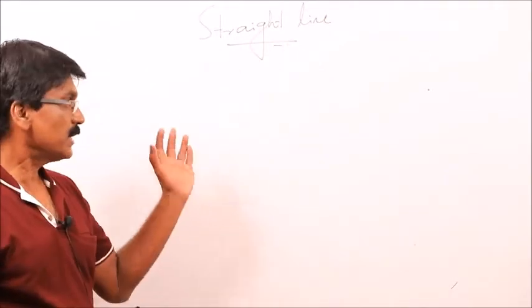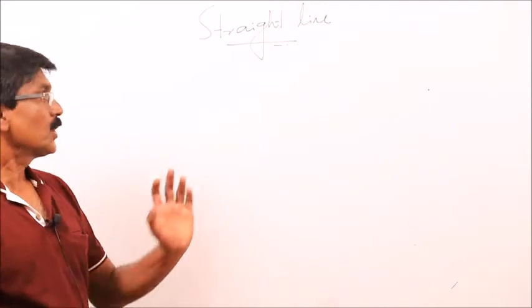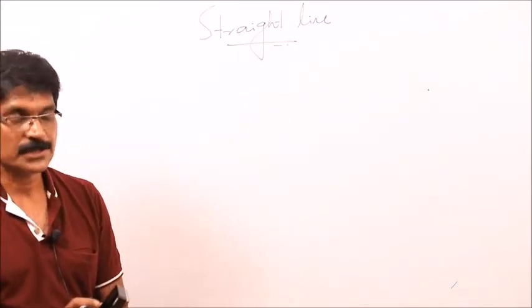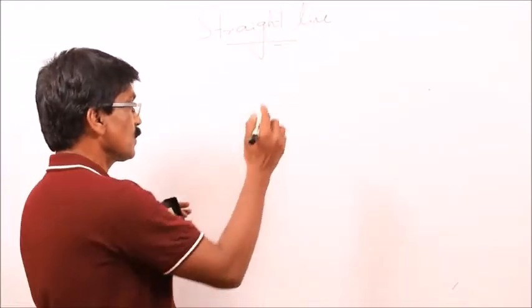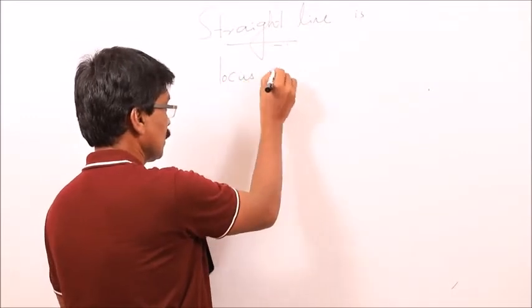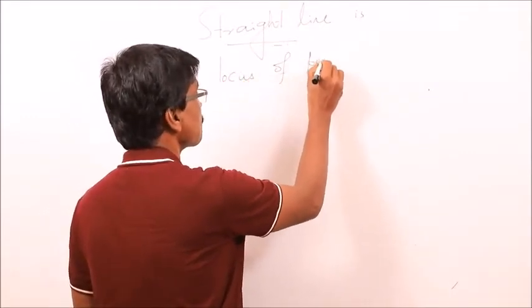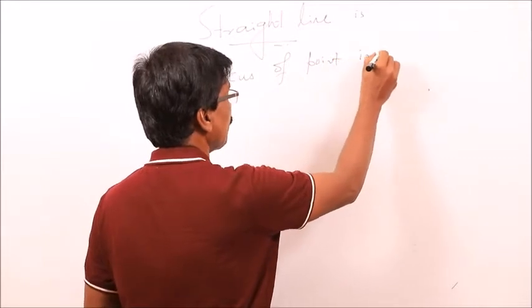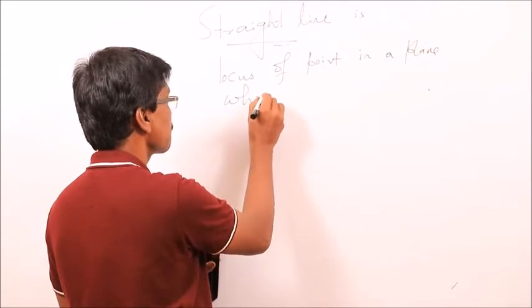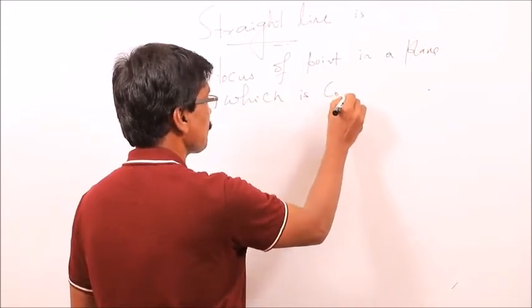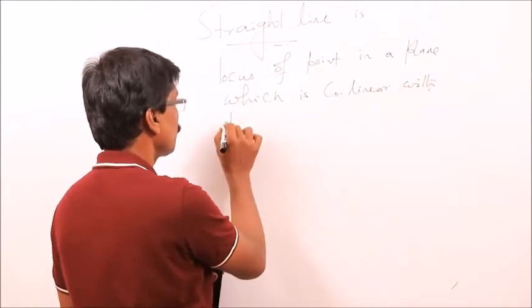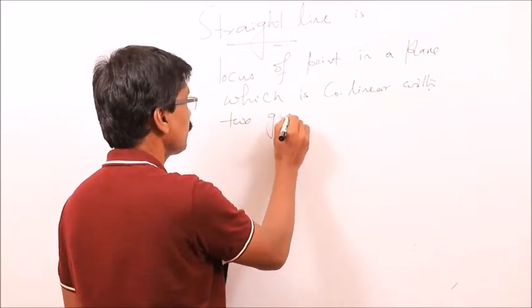A straight line is defined to be the locus of a point in a plane which is collinear with two given points.